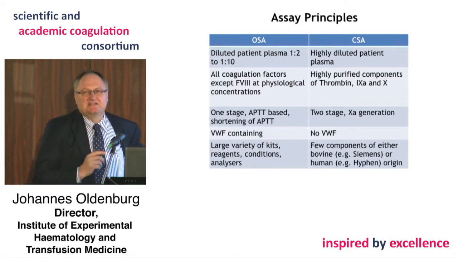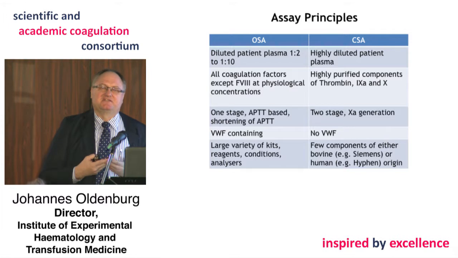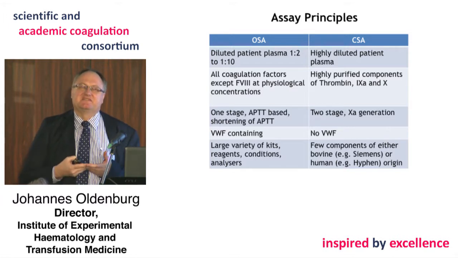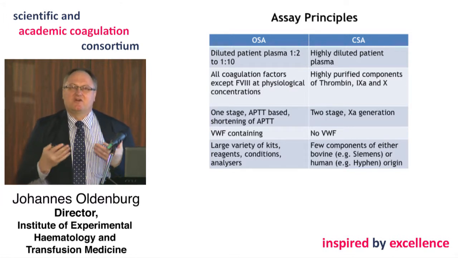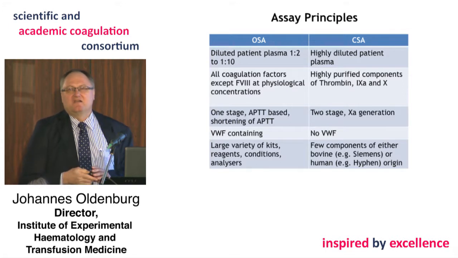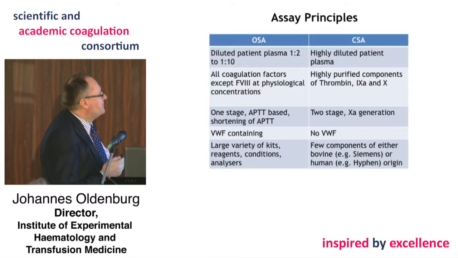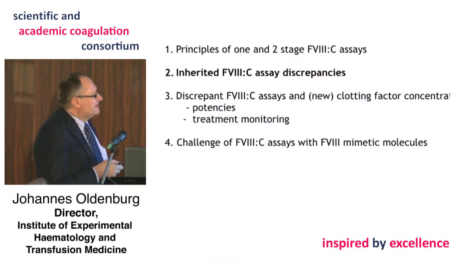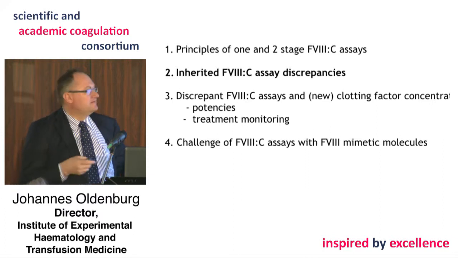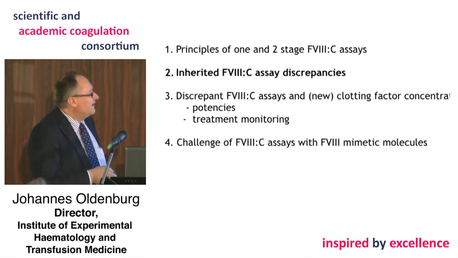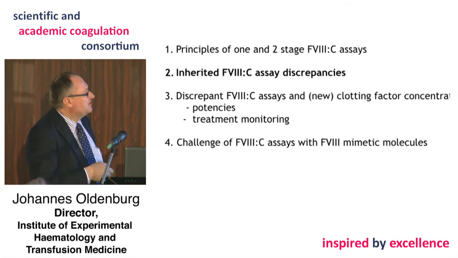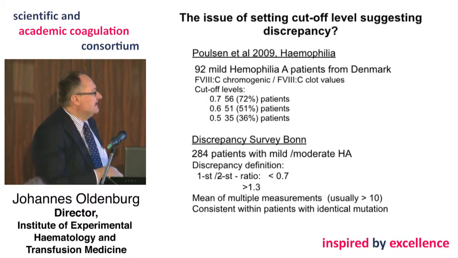So now I would like to come to the inherited assay discrepancies, which can be used as a model for understanding why these assays are different to some extent. And it's very interesting that in non-severe hemophilia, there's a very significant proportion of patients who show discrepancies in these assays.